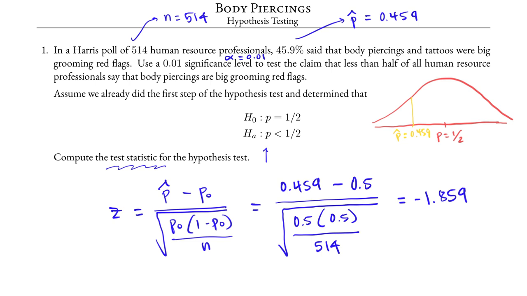And so the test statistic z value is simply a number that will standardize these values to see how far the result that we obtain from the sample is from the assumed null value.